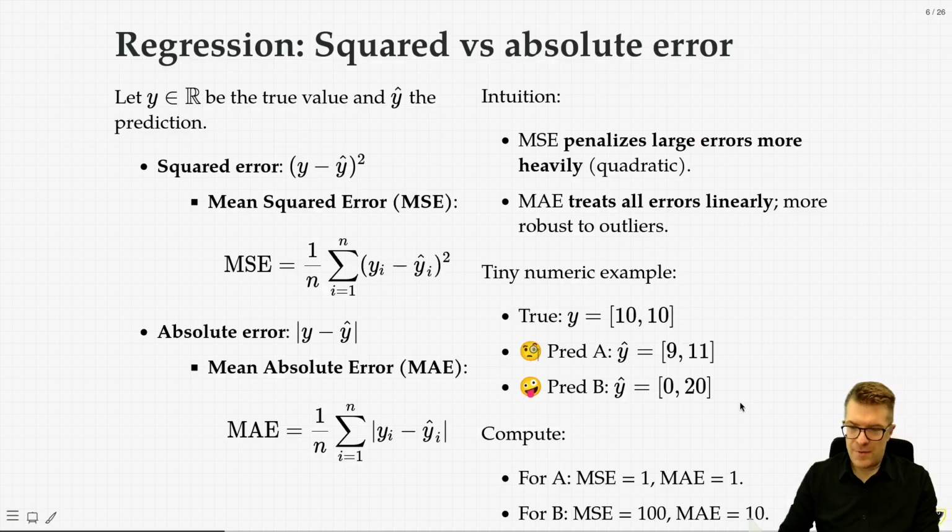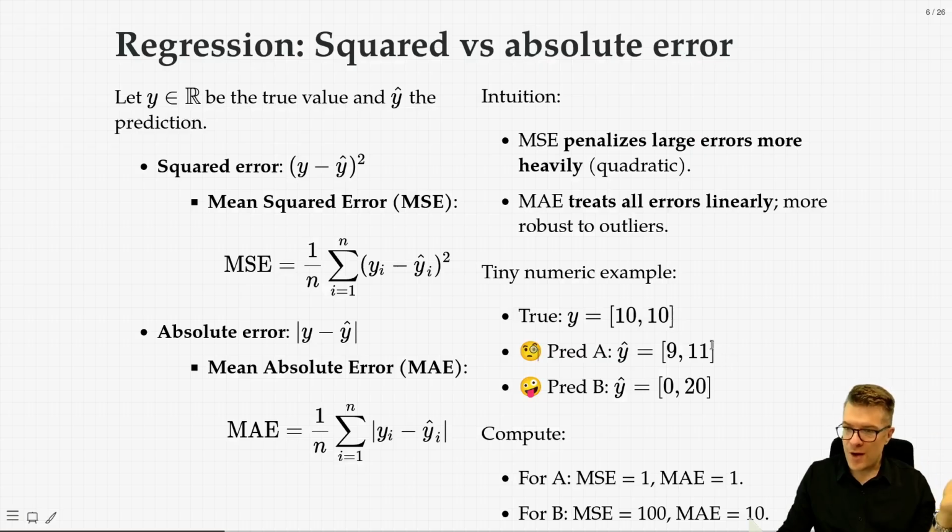So what effect does this have on the metrics we chose to look at, MSE and MAE? Well, you can satisfy yourself by computing these differences yourself, but model A makes an error of just 1 point for each of these two data points. One is underestimating, one's overestimating.